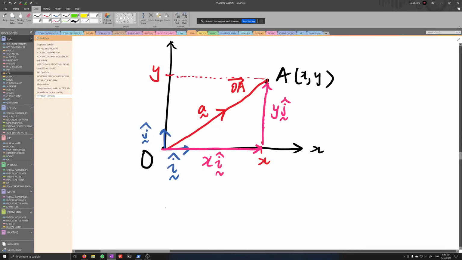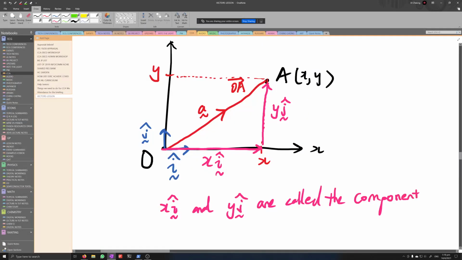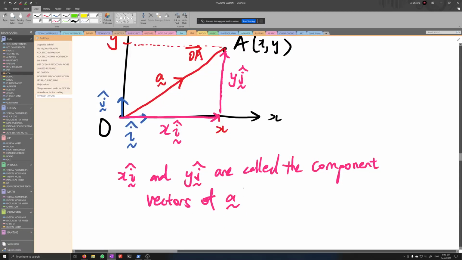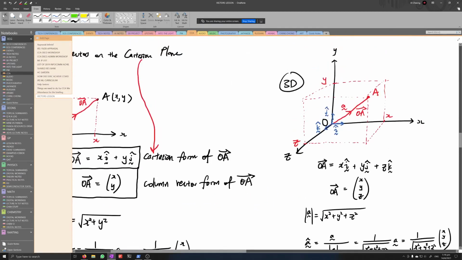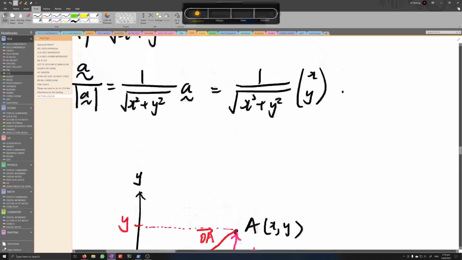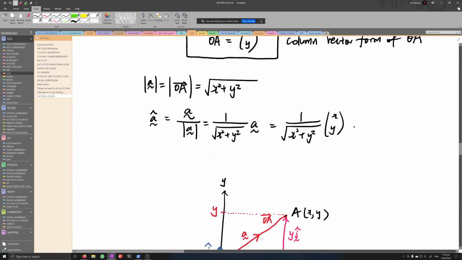We also have a special name for this: x i hat and y j hat are called component vectors of A, and similarly in the 3D case it will be x i, y j, and z k.